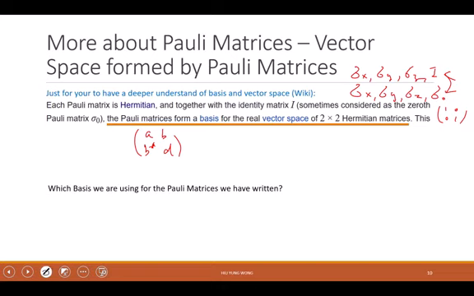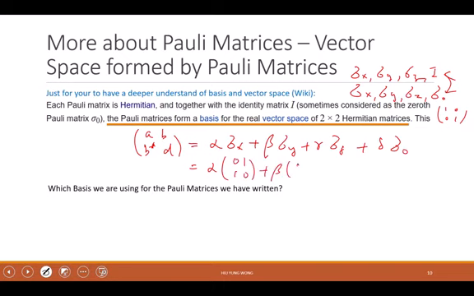Any of them is a linear combination: alpha of sigma x plus beta of sigma y plus gamma of sigma z plus delta of sigma 0. It means it is equal to alpha times 0, 1, 1, 0 plus beta times 0, negative i, i, 0 plus gamma times 1, 0, 0, negative 1 plus delta times 1, 0, 0, 1.